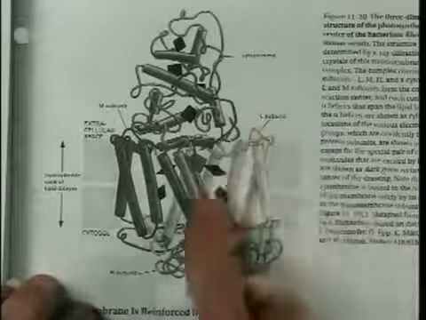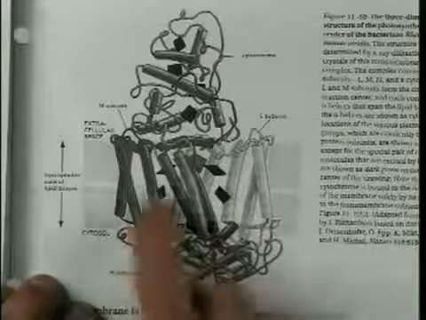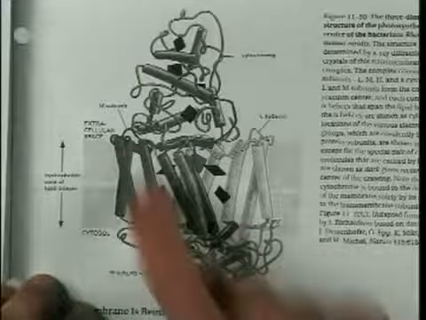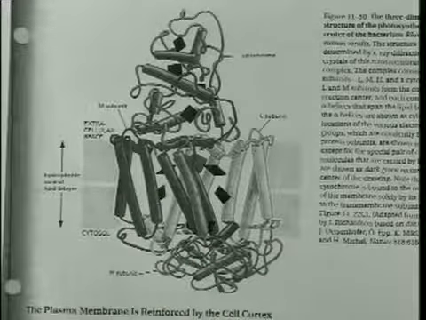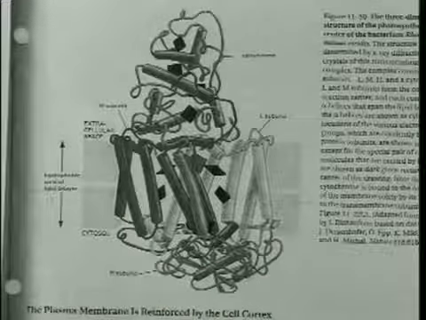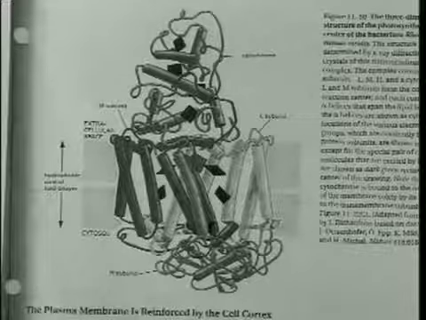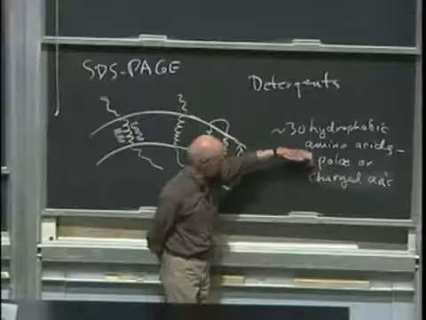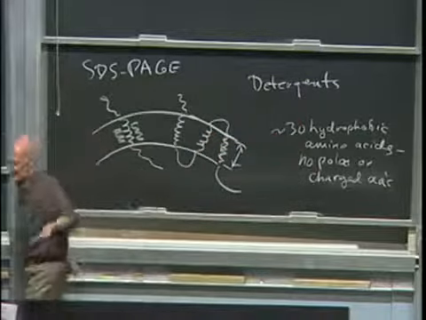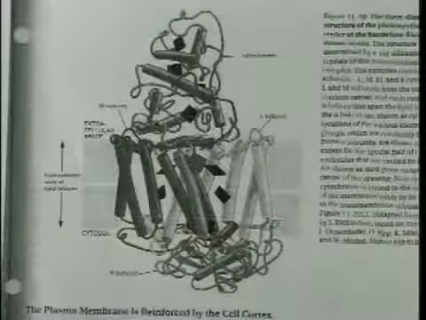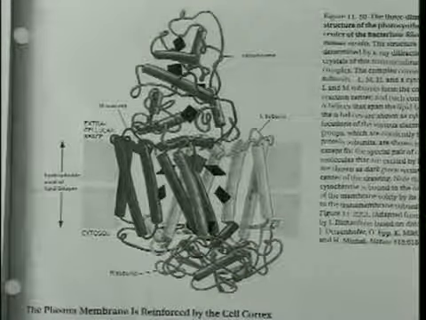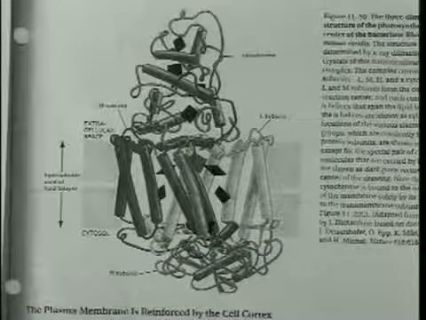All of these different tubes that you see in this figure are alpha helical regions which had been predicted from the amino acid sequence of these proteins, which existed before, because of these 30 amino acid residue hydrophobic regions. And this was the first time that they had been experimentally verified.